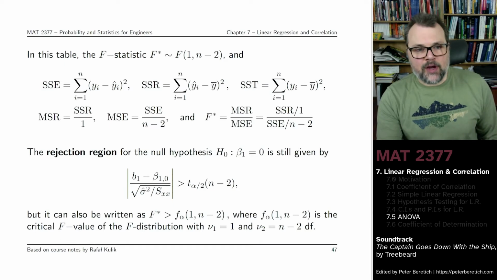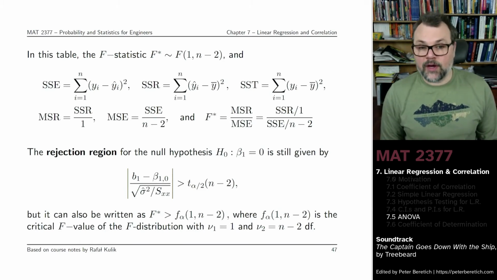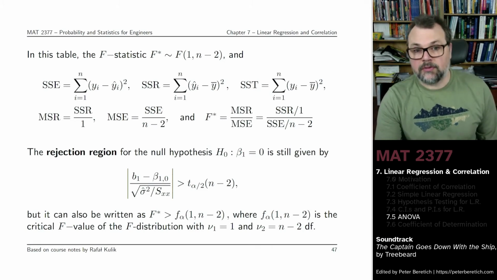The sum of squares for the errors would be the sum of the squares of the differences between the actual observations and the predicted ones, so the residuals. The sum of squares for the regression is the sum of the squares of the difference between the predicted values, so the regression values of yi, and the average value of the observations y.